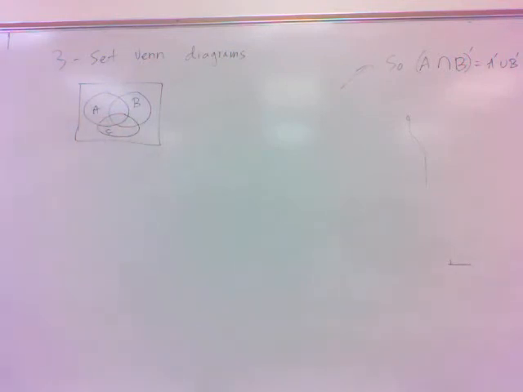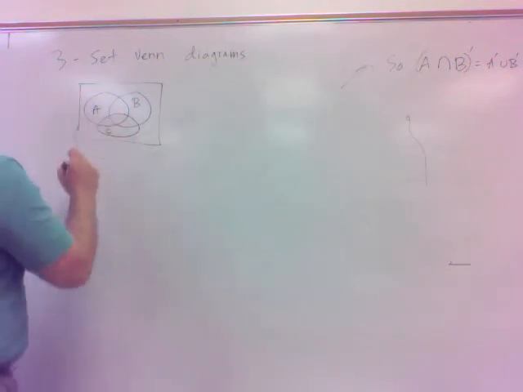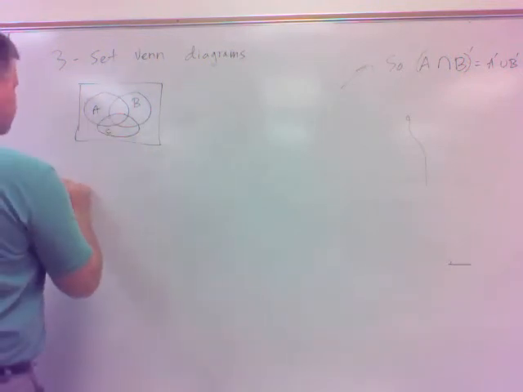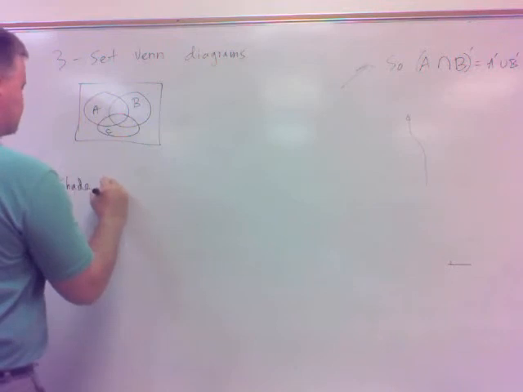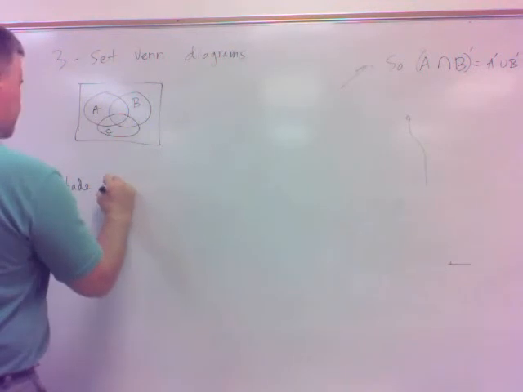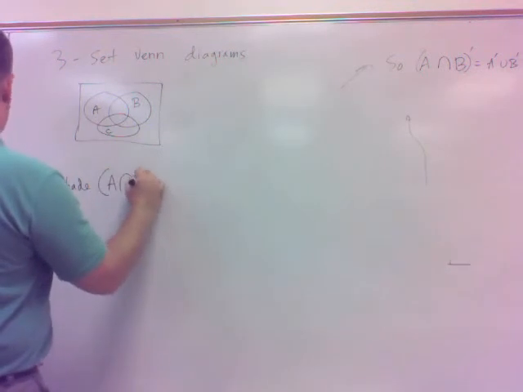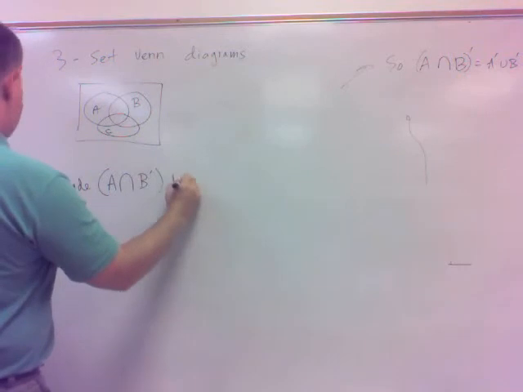C is going to overlap possibly the other two sets. Okay. So let's shade a couple of these. A, parentheses, A intersection B complement, union C.